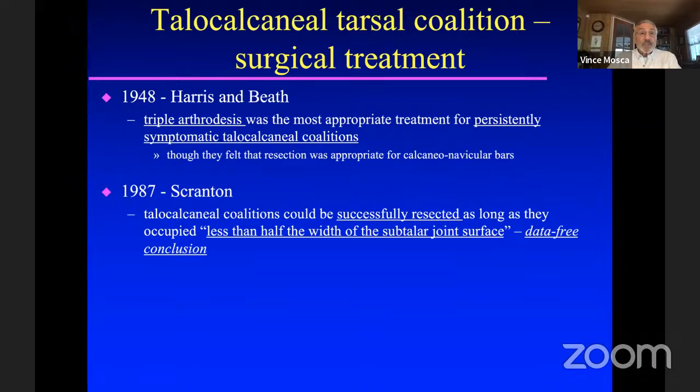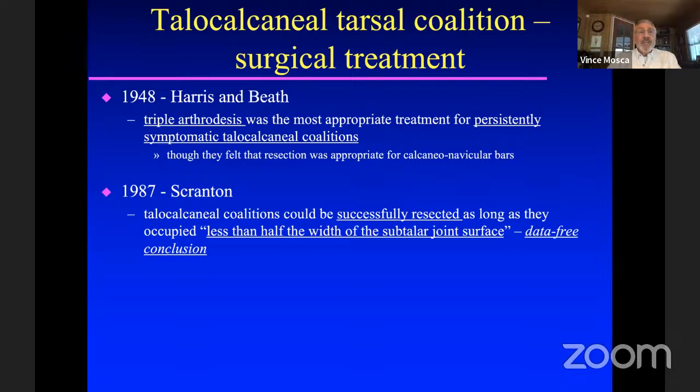So the width of the coalition in comparison with the posterior facet was less than 50%. Well, that sort of then became the new rule or law about what to do. If it was a small coalition, you resect it. If the coalition width was greater than 50% of the subtalar joint, then you should perform a triple arthrodesis.